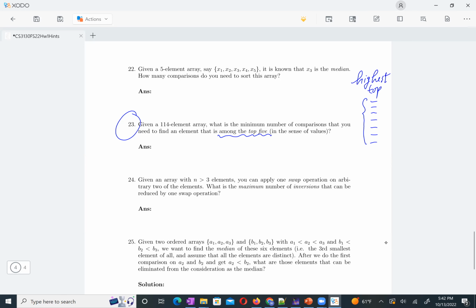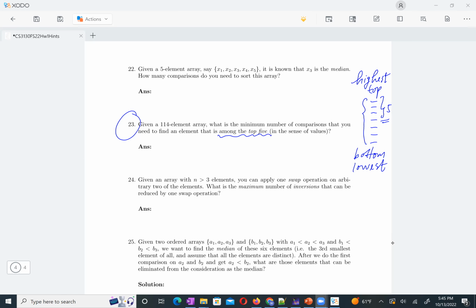And the bottom, lowest. Then we want to get top 5, one of the elements in the top 5. Now the hard part is, if you do not find the right way, you may end up with a large number of comparisons.